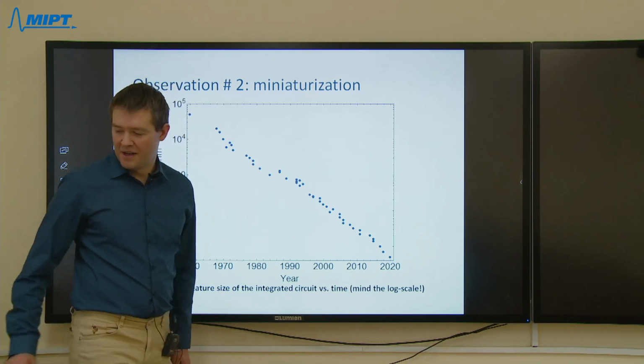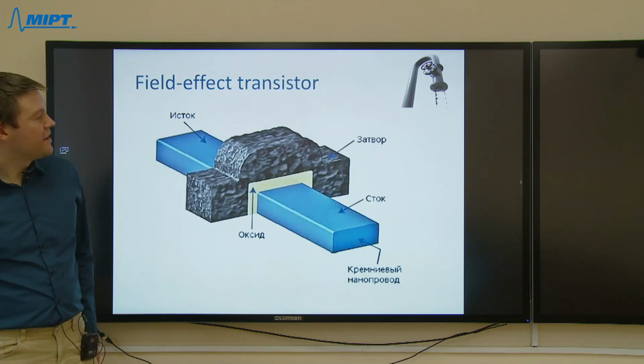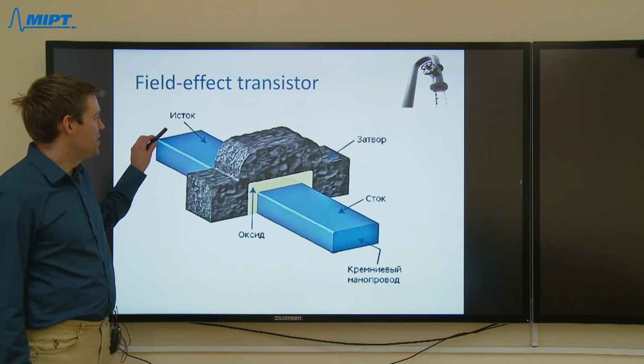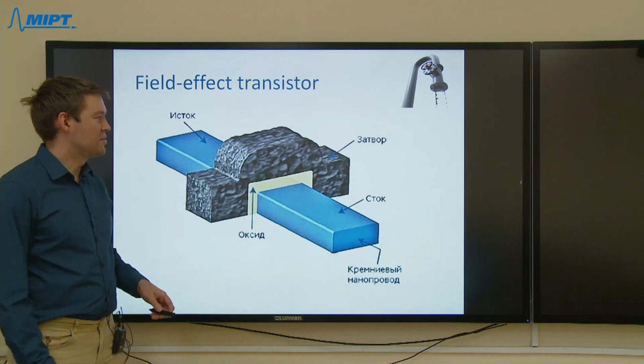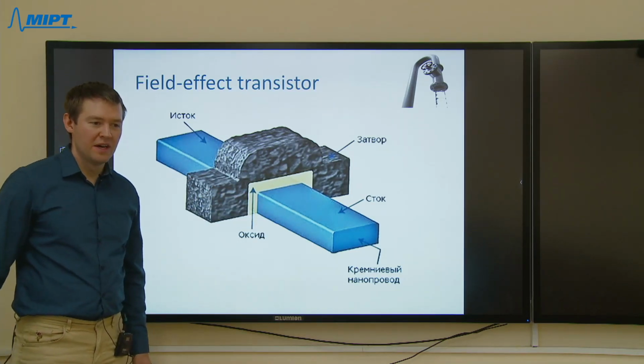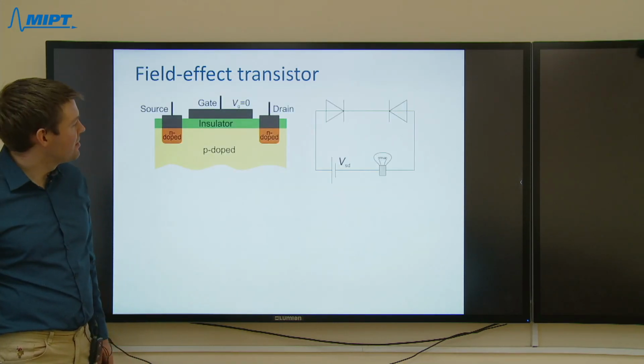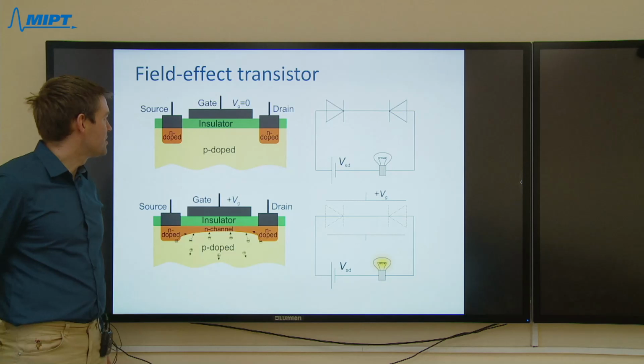Okay, I continue. We learned that the field effect transistor is a three-terminal device whose resistivity between two terminals called source and drain can be controlled by the third terminal, which is called gate. Sorry for Russian in this picture, but here is the full English translation.